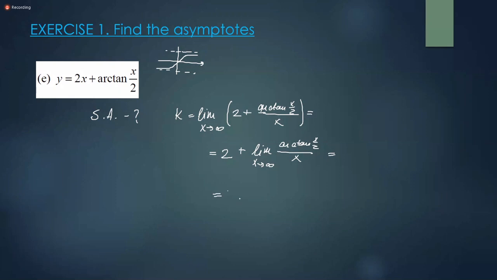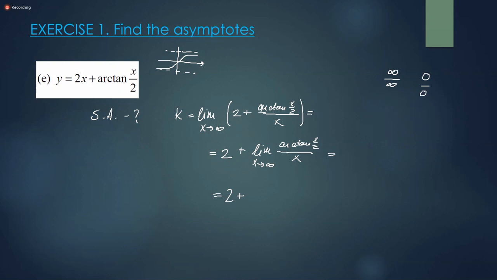But okay. So we could see that when x tends to infinity, arctangent tends to, remember, plus or minus pi half. So in this case, L'Hopital's rule is actually not necessary. We can use L'Hopital's rule only for infinity over infinity, or 0 over 0.